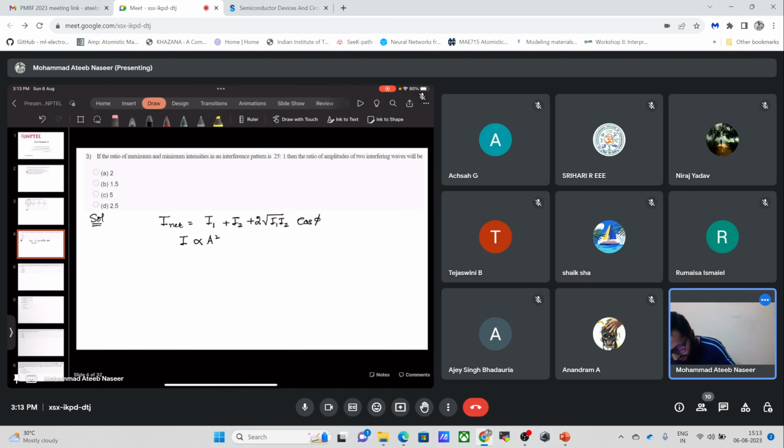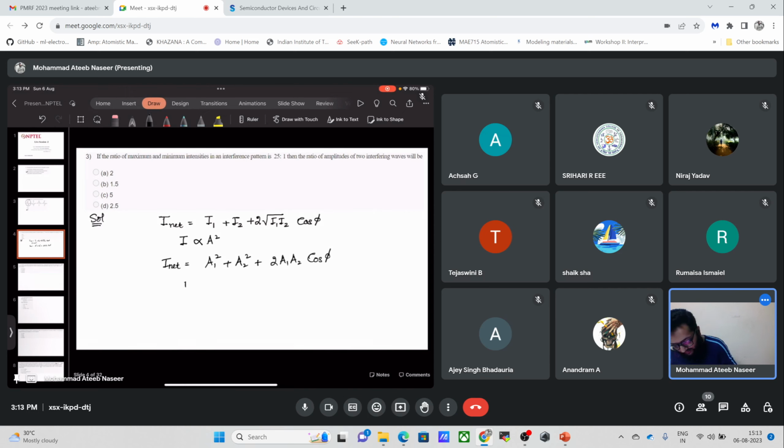So if we write this net intensity in terms of the amplitudes only, we would write I is proportional to A1 squared plus A2 squared plus 2 times A1 A2 cos of phi. Now we have two cases.